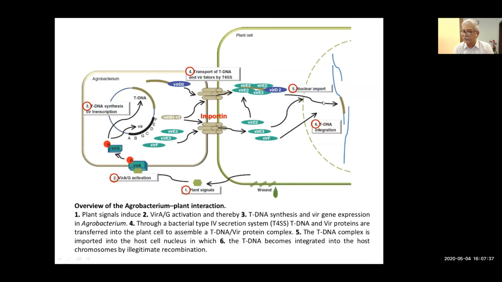Remember that the single-stranded T-DNA is made double-stranded before it gets incorporated into the plant chromosomes. Usually what happens is that transformation by Agrobacterium results in the formation of just one T-DNA per bacterial cell.